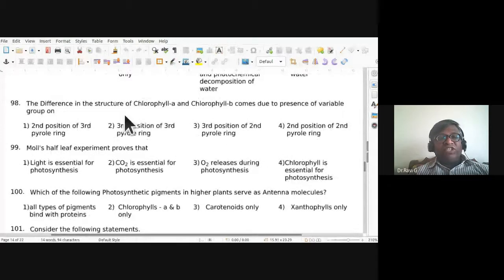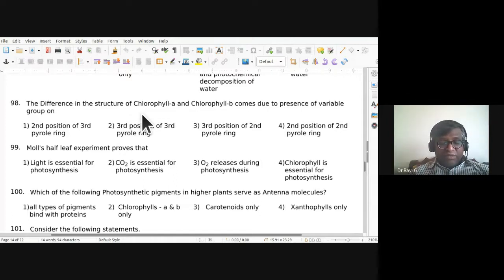The difference in the structure of chlorophyll A and chlorophyll B comes due to the presence of a variable group on. So where is the variable group present between chlorophyll A and chlorophyll B? It's a little difficult question, but not outside of the syllabus.